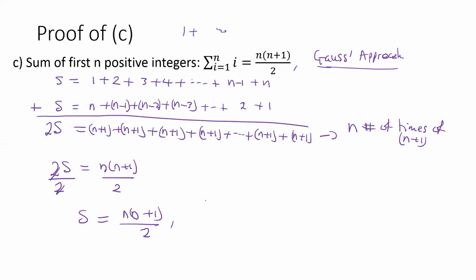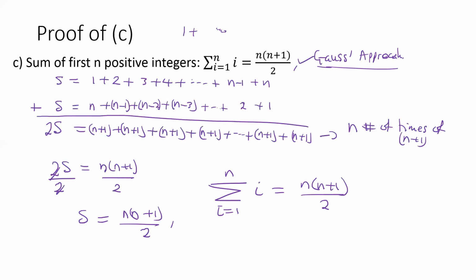So that is why the sum from 1 to n of i is equal to n times n plus 1 over 2. So that proves this formula right here.